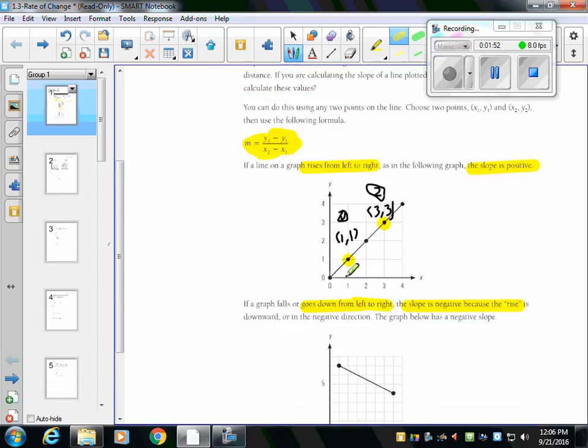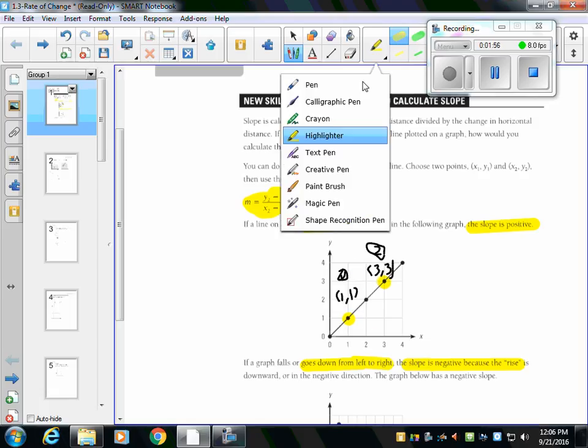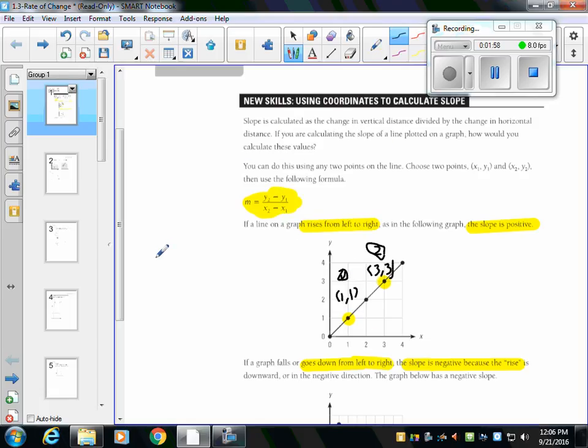Okay. Now, if we're going to use this slope formula, we could calculate the slope of this first graph by going y2. Remember, it's always x comma y in these points.